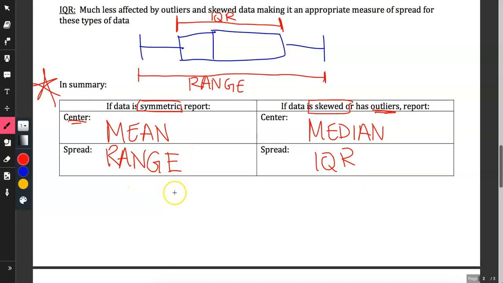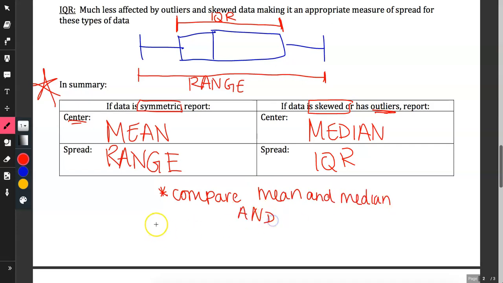Okay, to decide if it's skewed or symmetric, you're going to compare the mean and median, and you're going to look at the modified box plot.